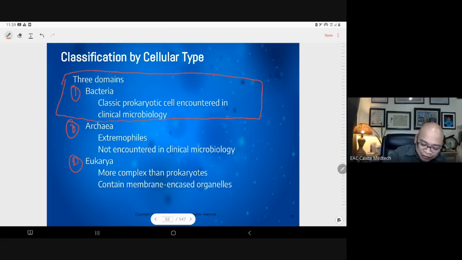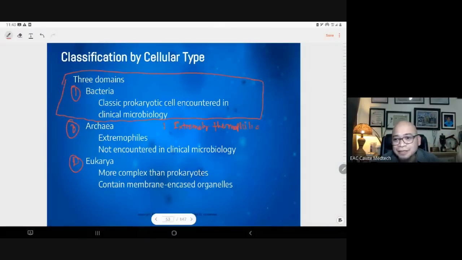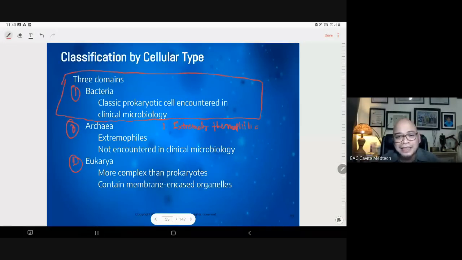So the first classification is the extremely thermophilic organisms. When you say extremely thermophilic organisms, they live in an environment with a very high temperature.